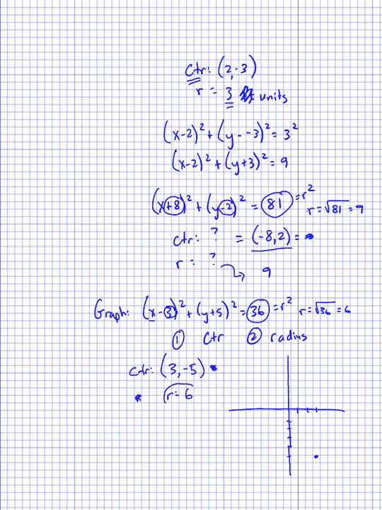But my radius is 6. So what I do is count up 6. 1, 2, 3, 4, 5, 6. There's a point. Over 6. 1, 2, 3, 4, 5, 6. There's a point. 1, 2, 3, 4, 5. So there's a point. And then somewhere down here is a point. And then just kind of sketch the circle from there.